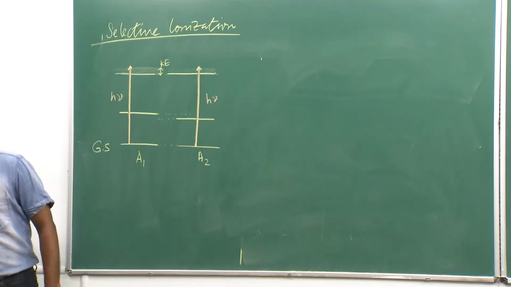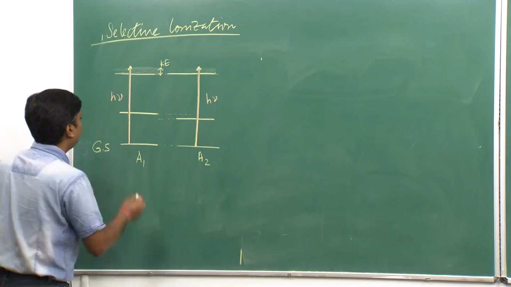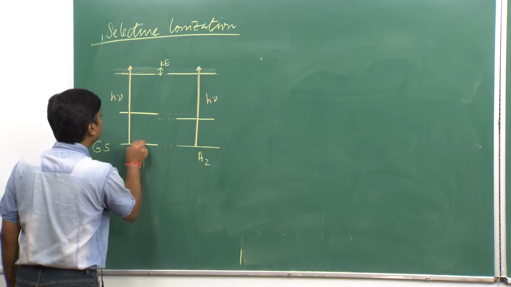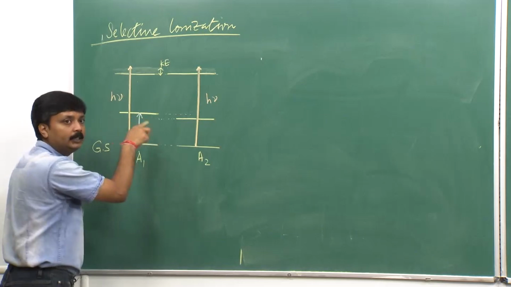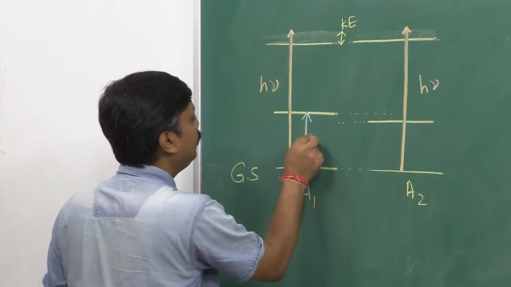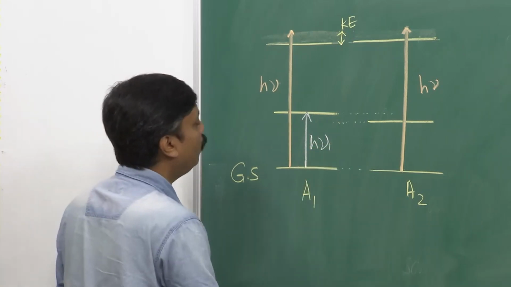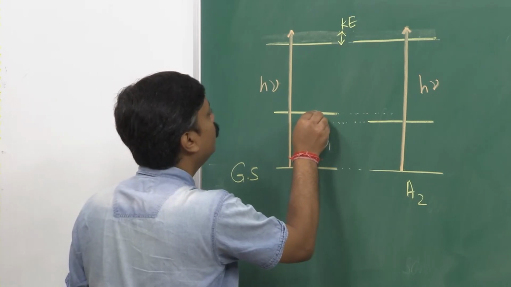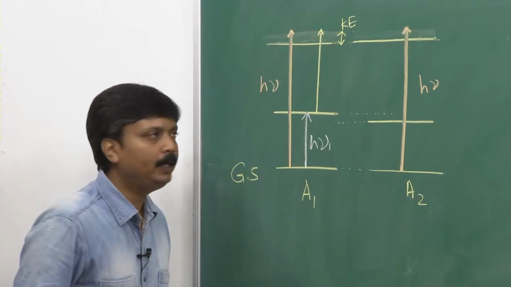I bring a particular energy, say nu 1, which causes a transition between the ground state and this first excited state here, and this is h nu 1, and in the following step I have a second photon which takes these molecules beyond the ionization limit.